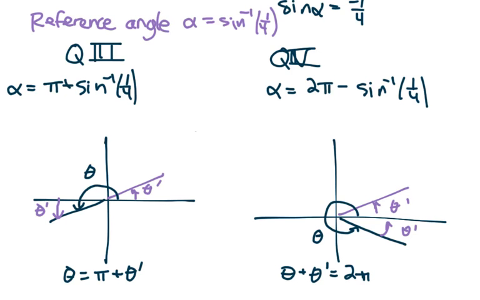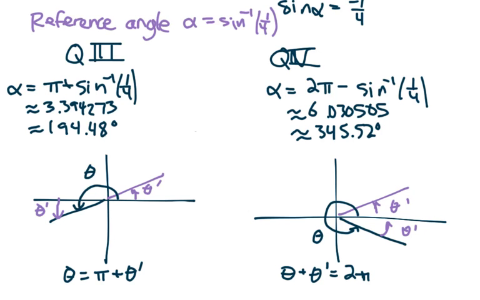So now go ahead and find numerical approximations for each of these. Ready? 3, 2, 1, compare. We should have got roughly 194.48 degrees and 345.52 degrees. You'll know that this is between 180 and 270 degrees, third quadrant, and this is between 270 and 360 degrees, fourth quadrant.